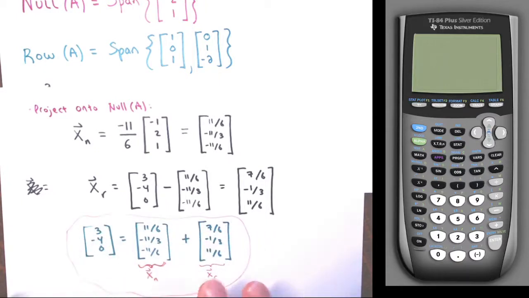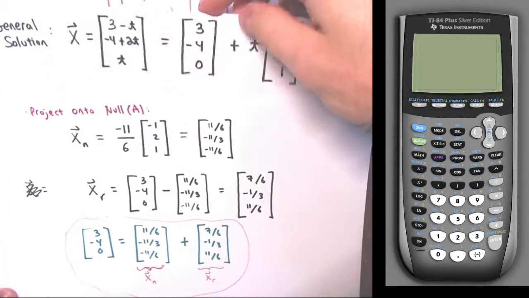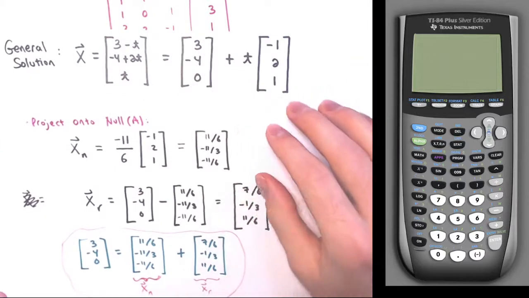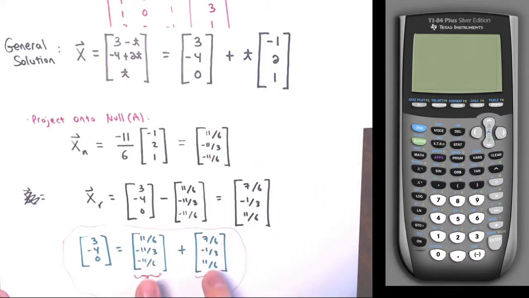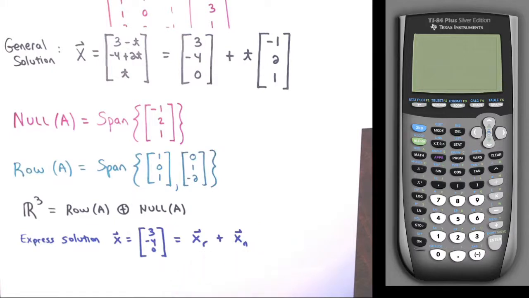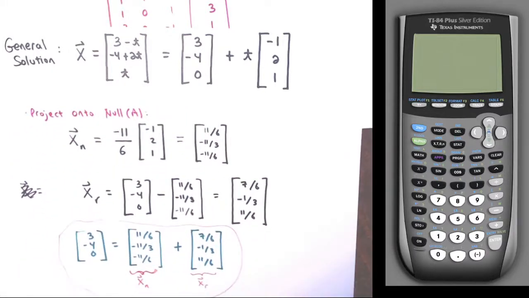All right, and then I'm going to use this to rewrite the general solution. So going back to the general solution, I'm going to rewrite 3, negative 4, 0 using this, and I'll switch the order. So I have it the way I had originally with the xr plus xn. Sorry about that. So back to the general solution.